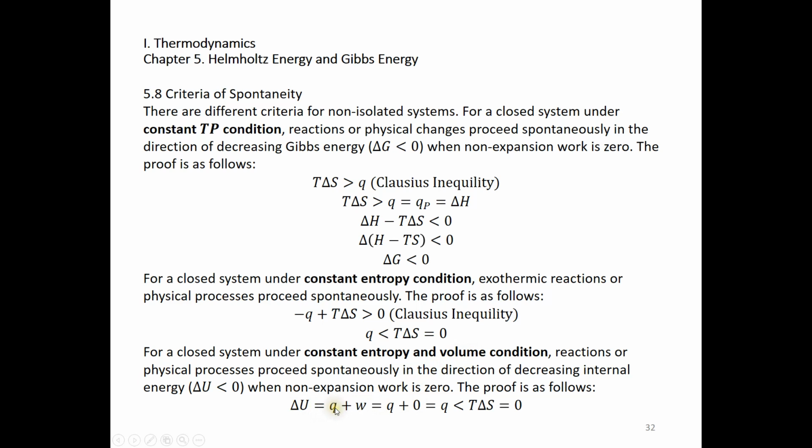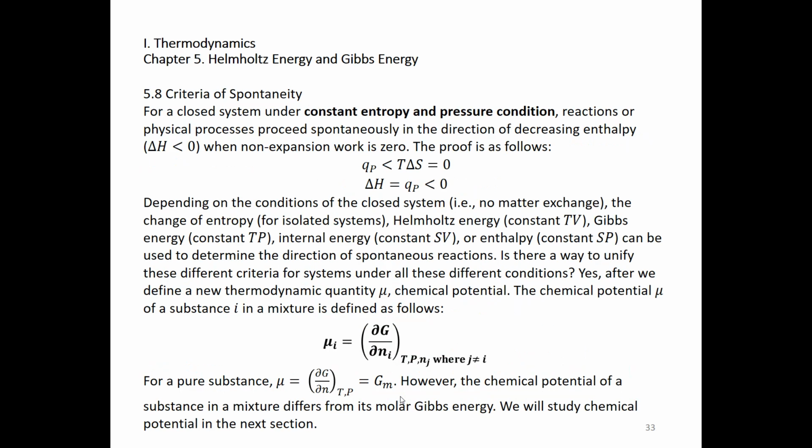So delta U is Q. And since Q has to be less than 0, delta U has to be less than 0. So if you have constant entropy and constant volume, and there's no non-expansion work, then not only Q should be less than 0, but also delta U should be less than 0. And that's the direction of the spontaneous reactions.